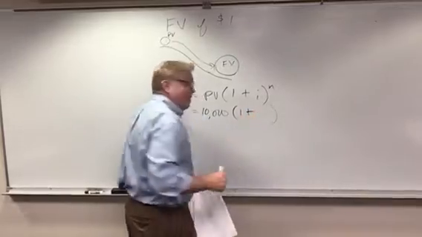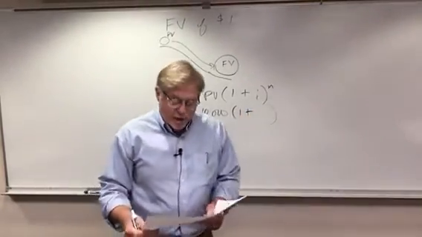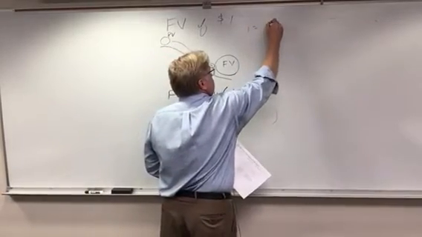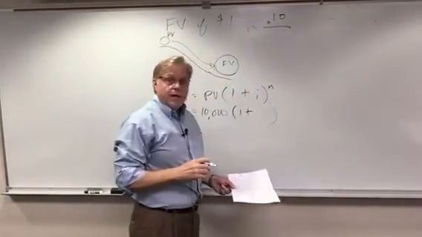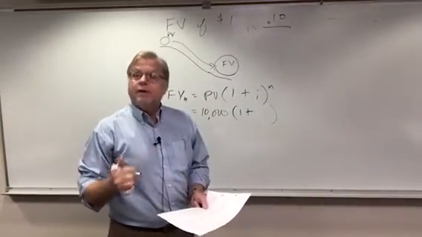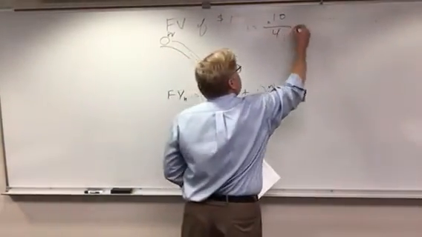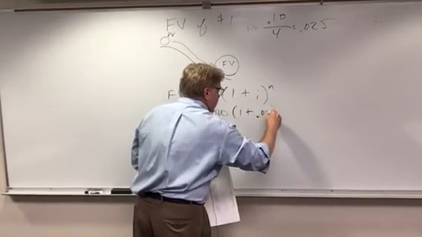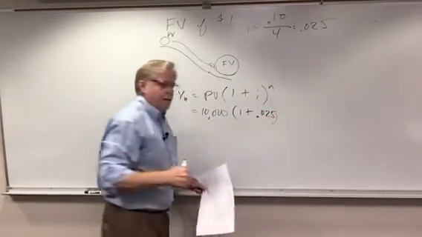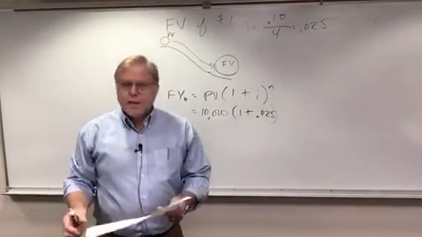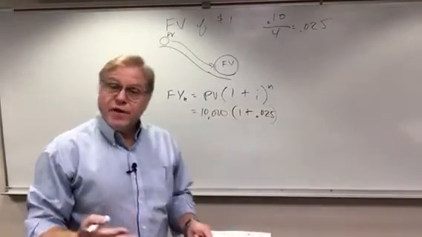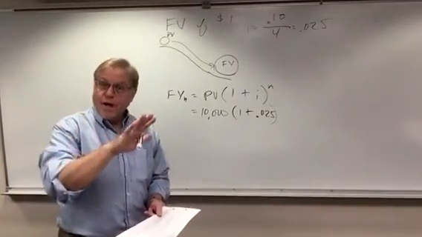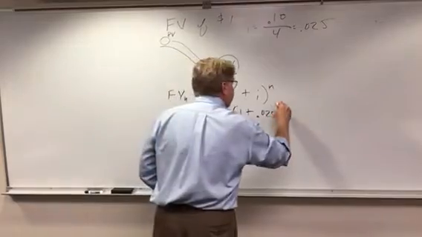Our definition of i, remember, is the periodic rate, the annual rate divided by the number of times compounding takes place each year. Well, 10% is the annual rate, but of course we have quarterly compounding, that's 4 times a year. And so that's 2.5%. n is the total number of times compounding takes place over the investment term. So if it's compounded now 4 times a year for 5 years, n is equal to 20.